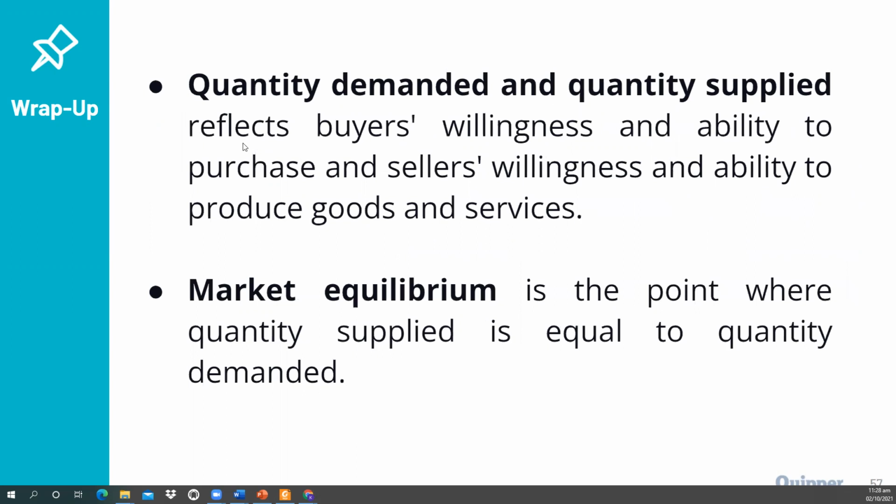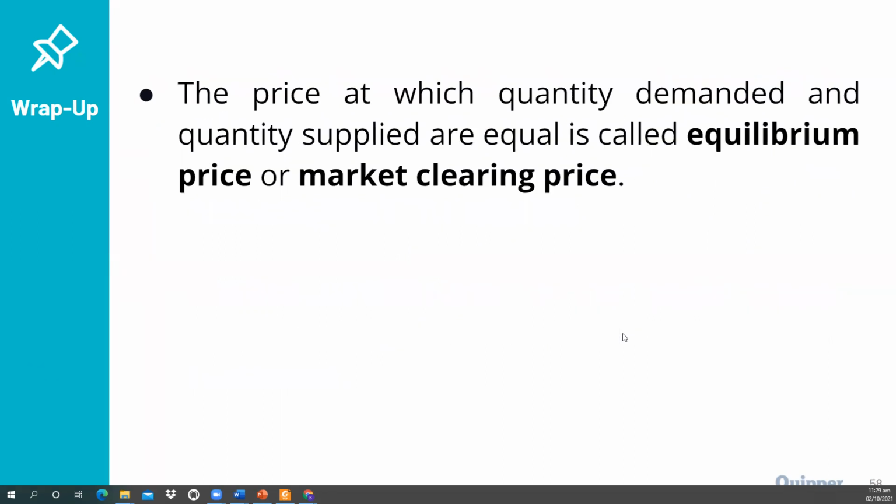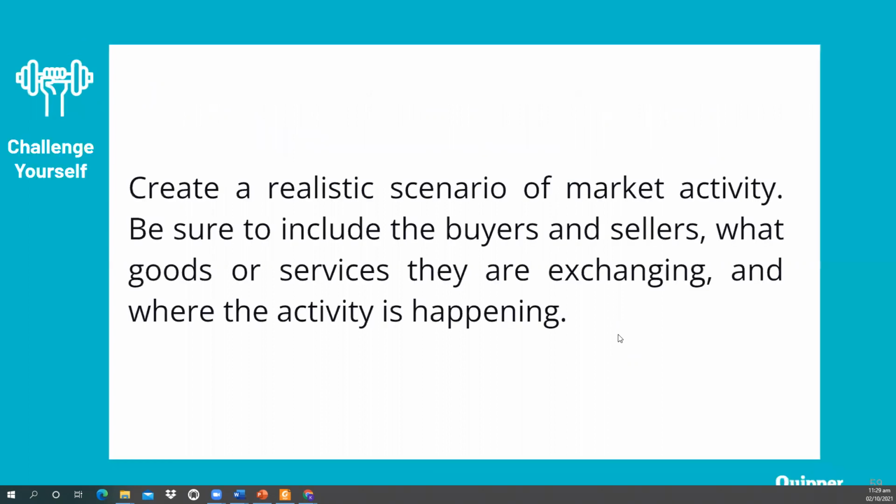Quantity demanded and quantity supplied reflect the buyers' willingness and ability to purchase, and the sellers' willingness and ability to produce goods and services. Market equilibrium is the point where the quantity supplied is equal to quantity demanded. The price at which quantity demanded and quantity supplied are equal is called equilibrium price or market clearing price.